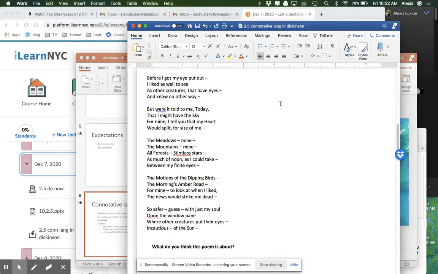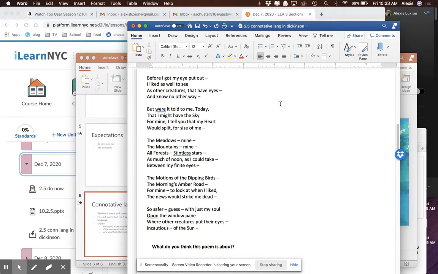The motions of dipping birds, the morning's amber road, for mine to look at when I liked. The news would strike me dead, so safer guess with just my soul upon the window pane, where other creatures put their eyes, incautious of the sun.